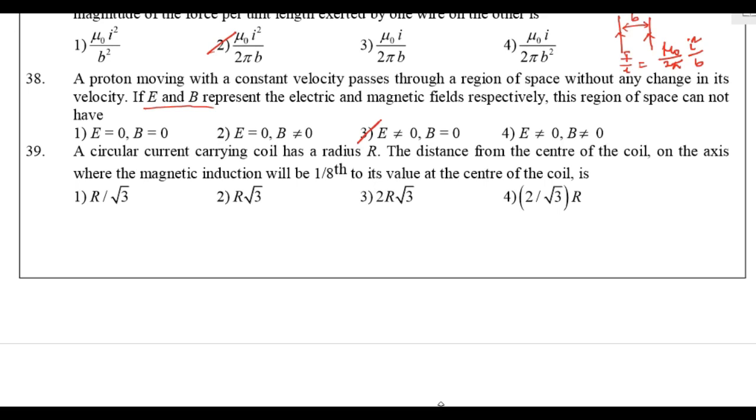A circular current carrying coil has a radius r.